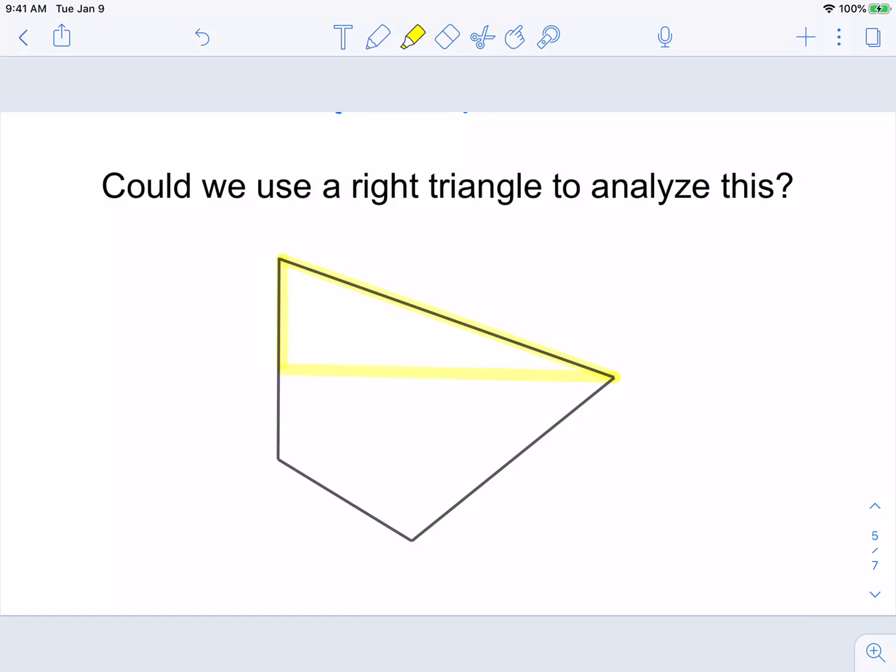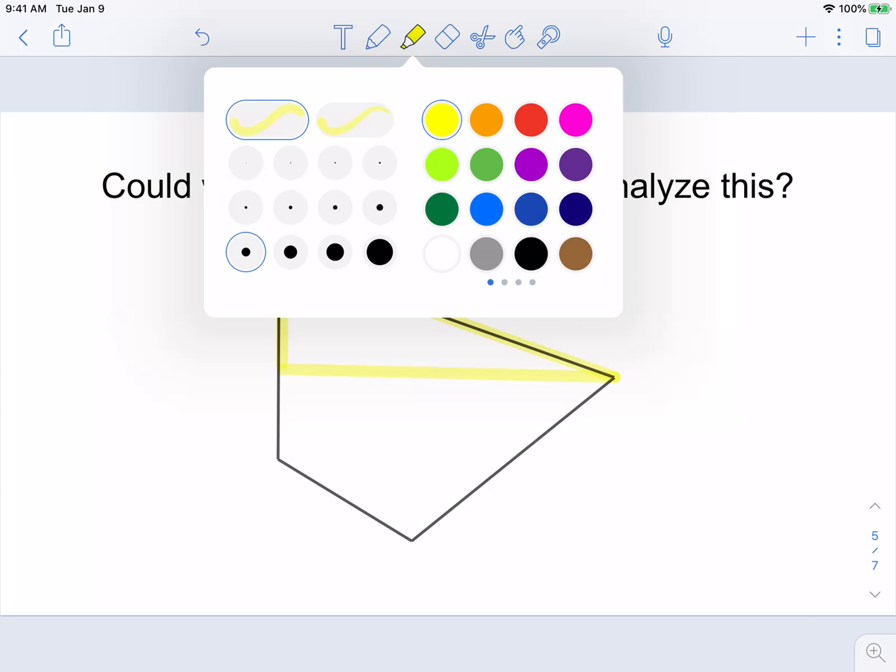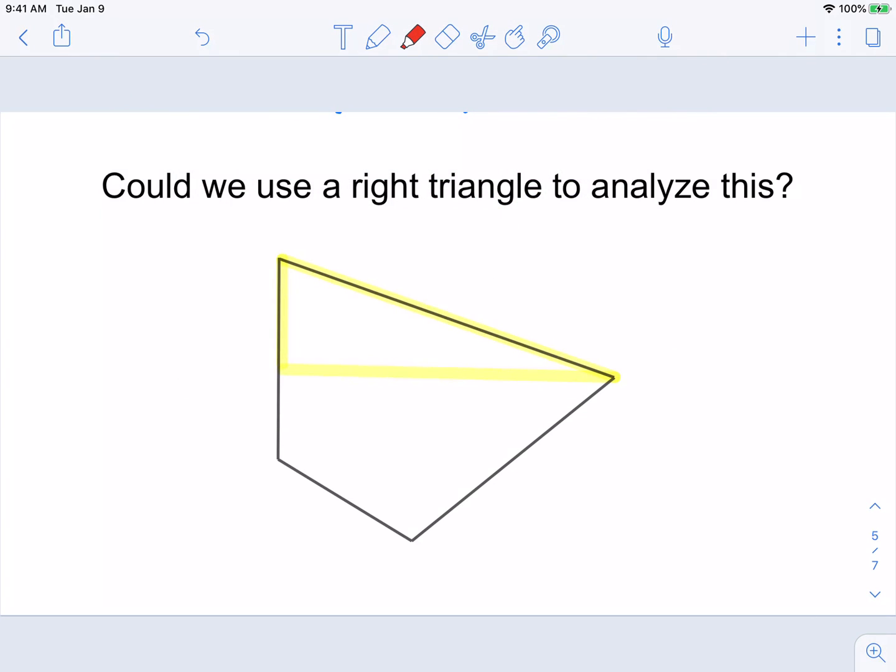So if I knew that value, I had a number for it, I could make a right triangle out of that too. I could say a right triangle that has that horizontal piece and that vertical piece, that makes a right triangle.